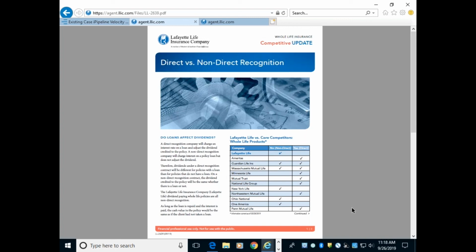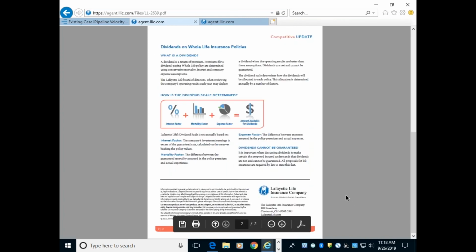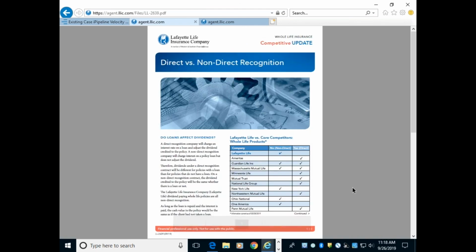This particular flyer is available in our marketing pieces tab. So if you want to go there and take a look at this and maybe share it with your client verbally, that would be great. This is for financial professional use only, so it's not anything that you would probably leave with your client.